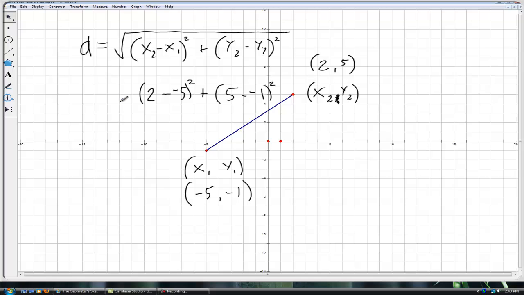Square that quantity, add it with this other quantity, and take the square root. So we've gotten this far. Let's finish this. This gives me +7 squared, which is 49. And this gives me +6 squared, which is 36. And then we get the square root of 49 plus 36, square root of 85.